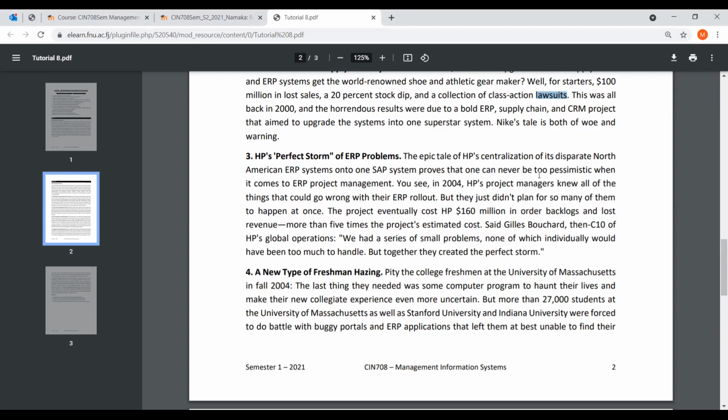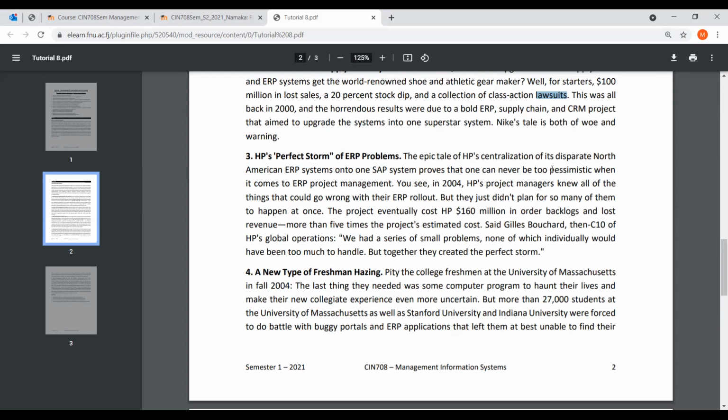The project eventually cost HP $160 million in order backlogs and lost revenue, more than 5 times the project's estimated costs. Said Gilles Bouchard, then CIO, Chief Information Officer, of HP's global operations: we had a series of small problems, none of which individually would have been much to handle, but together they created the perfect storm.